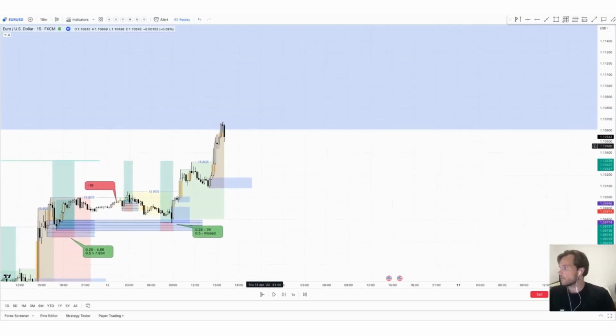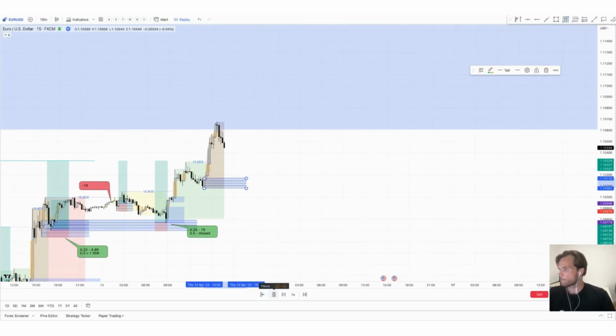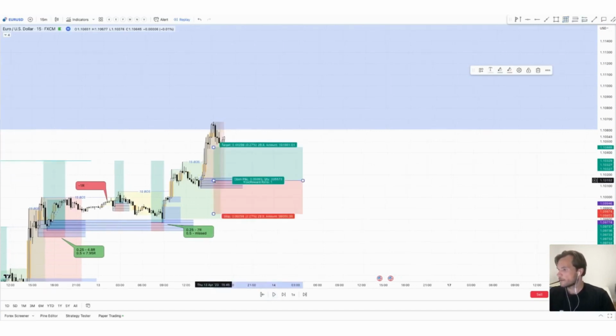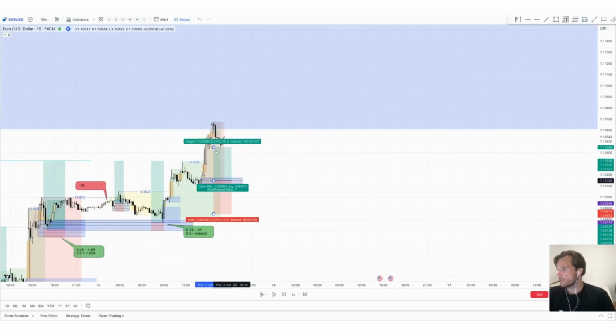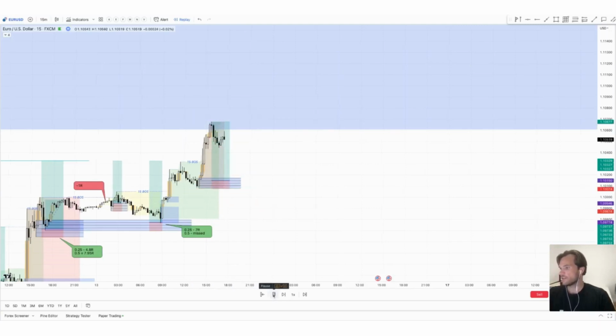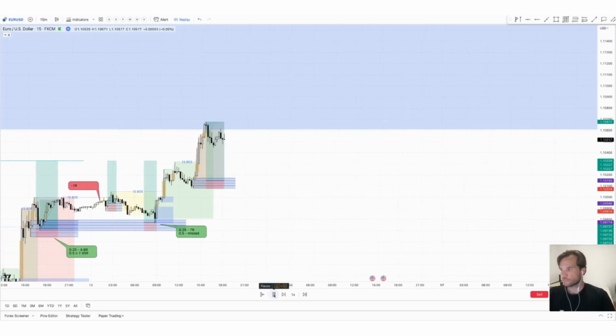But I would only be targeting the highs because I don't really have any external targets for these trades. What I mean is, we've broken out of everywhere. If we came back, I'd be targeting to break this high. That's it. Which is still very healthy risk reward, but we don't have any external areas to target.